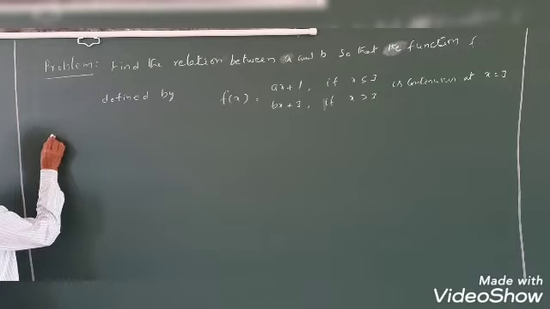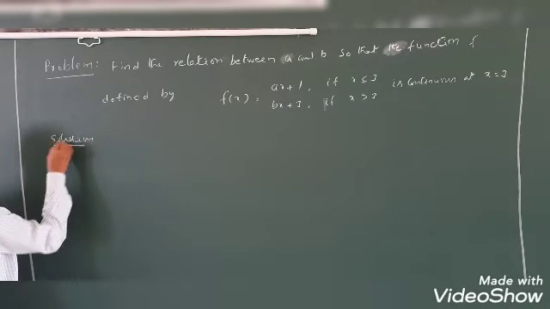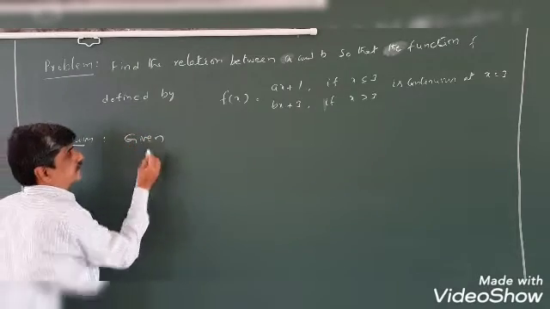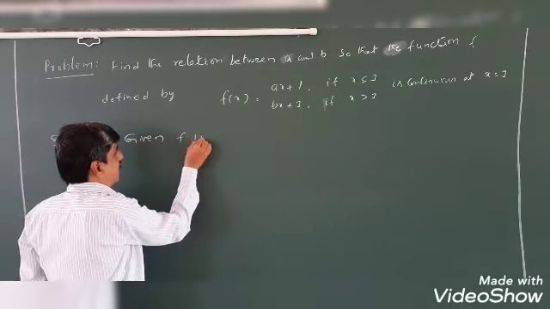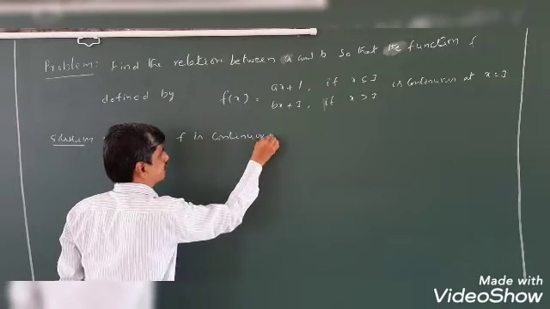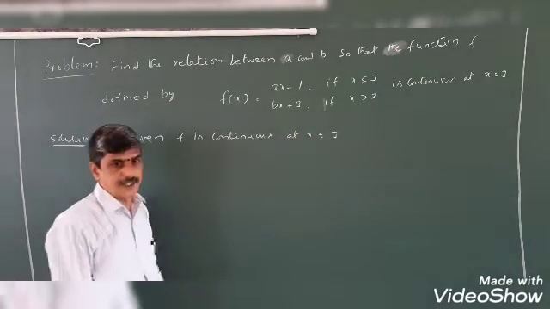See the solution. Given f is continuous at x is equal to 3.